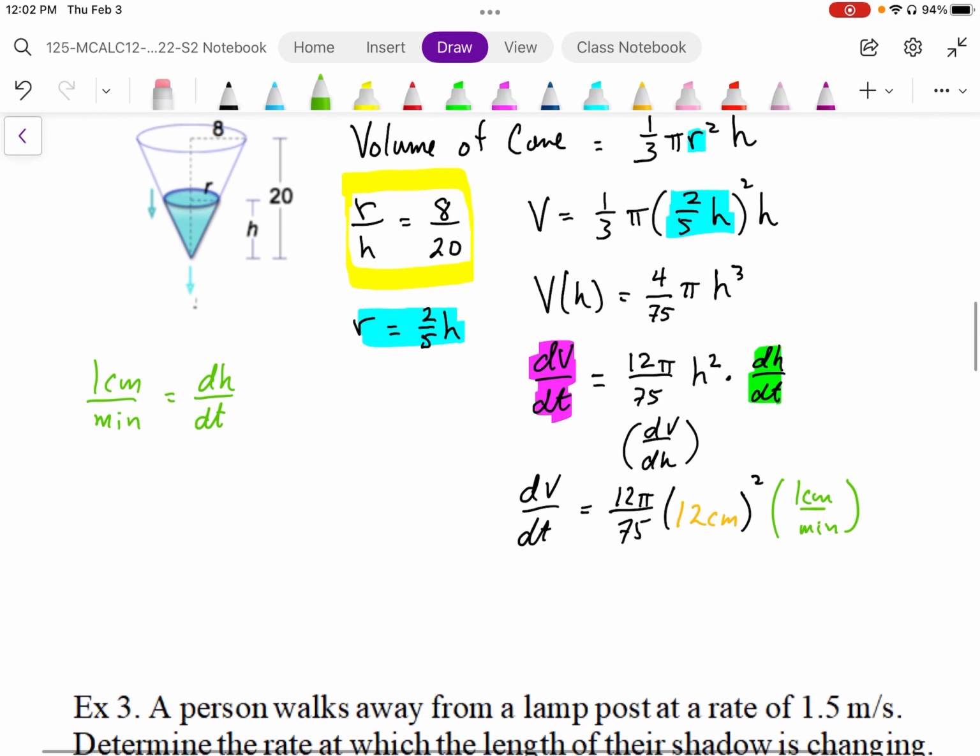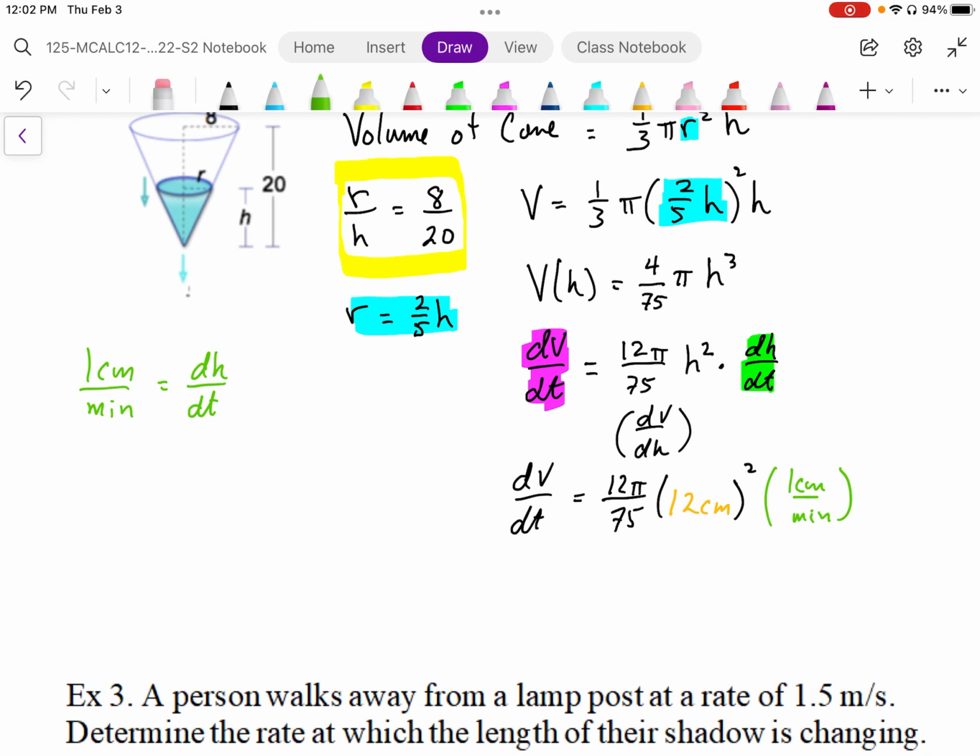Okay, so the only thing that I need to solve for is the dV by dt, and that's what I'm looking for. In this case, I don't need to solve for anything, I just need to calculate this. I'm basically going to end up with 12 pi times 12 squared, that's 1728 times pi divided by 75.